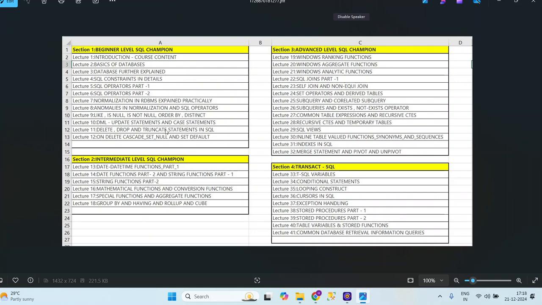The beginner level contains basics of databases, constraints, the different operators available in SQL, normalization concepts, then operators like IS NULL, NOT NULL, ORDER BY, DISTINCT, update statements, different DML statements, as well as CASE statements, and DELETE, DROP, and TRUNCATE statements.